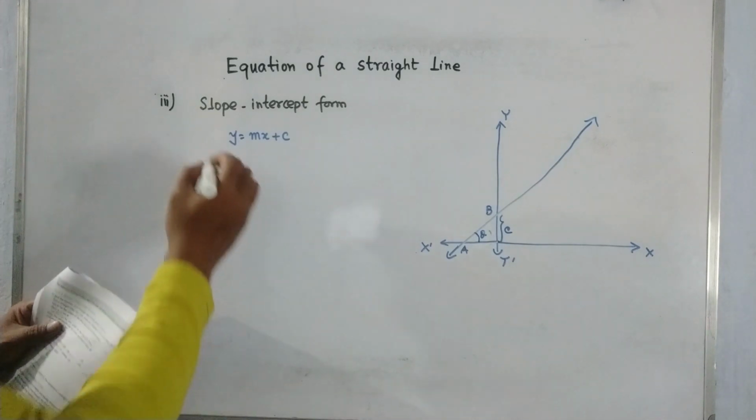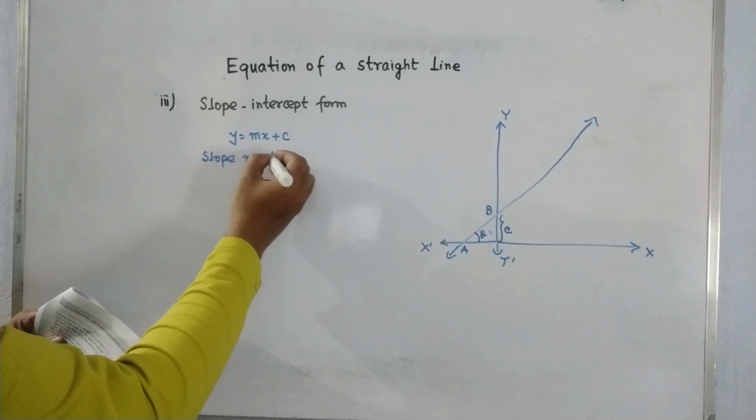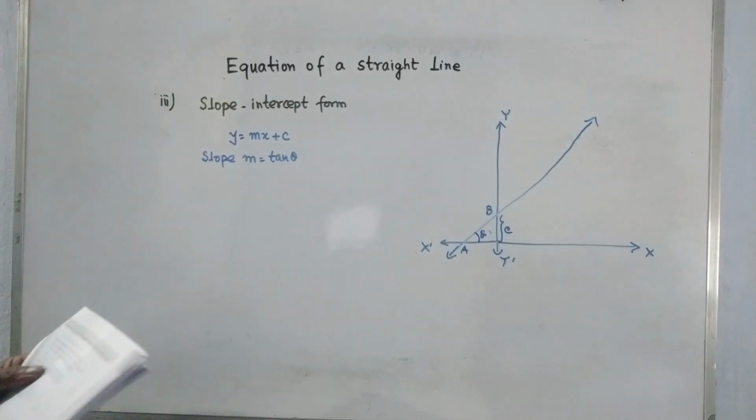Then the slope will be m equals tan theta.